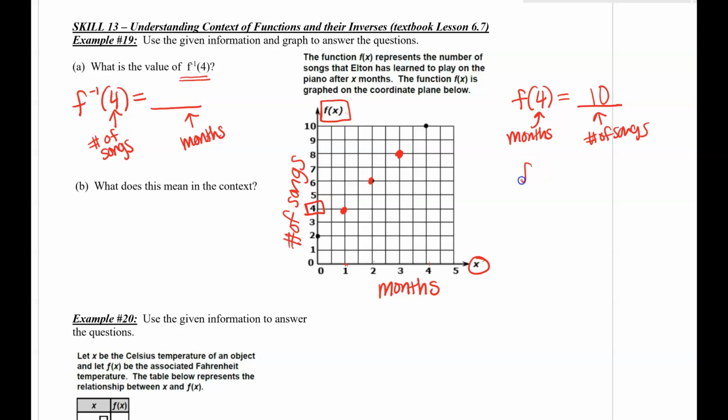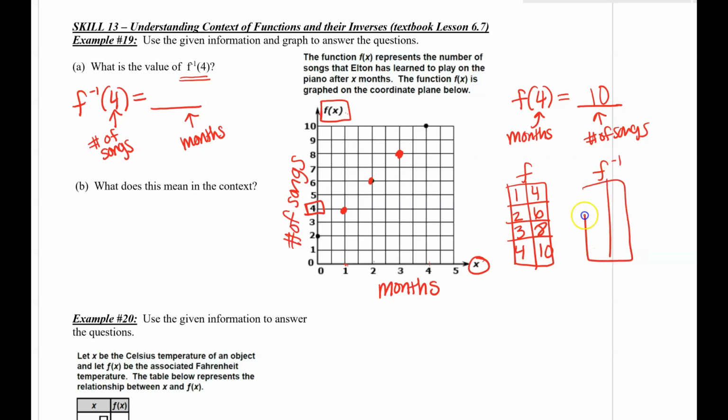Because remember, if you made a chart for this original function, okay, and let's see, it had 1, 4, 2, 6, 3, 8, 4, 10, then the inverse would have 4, 1, 6, 2, 8, 3, and 10, 4.